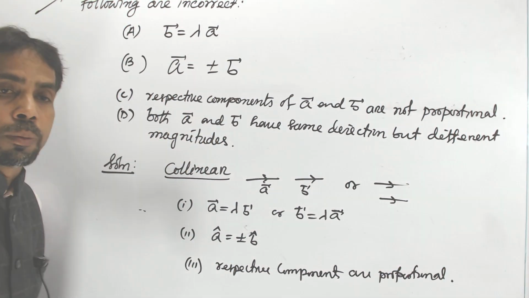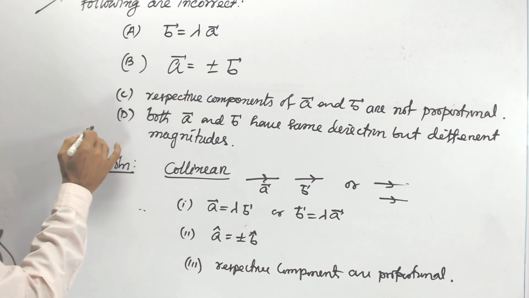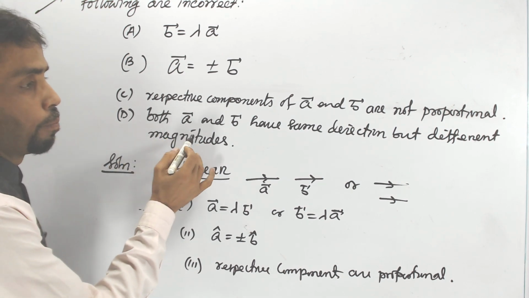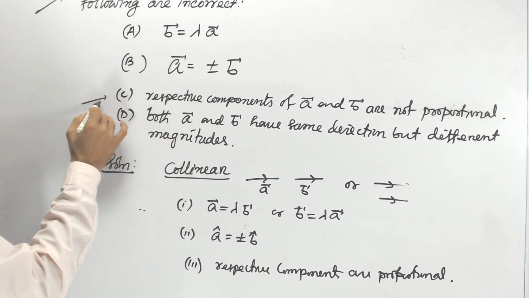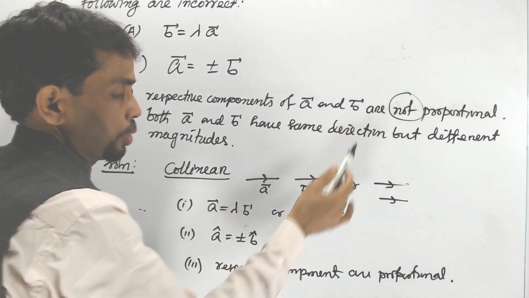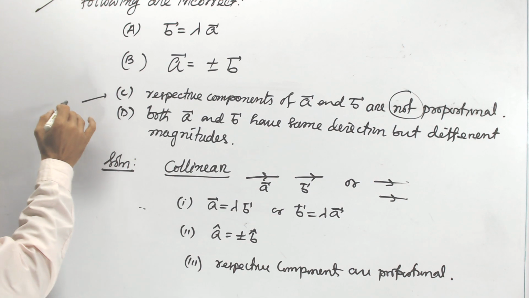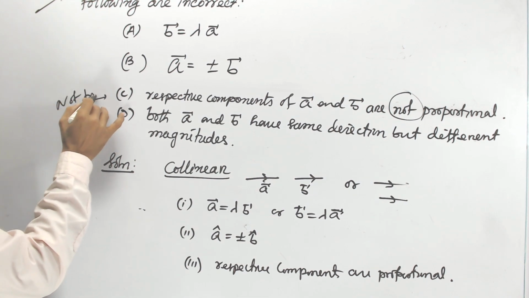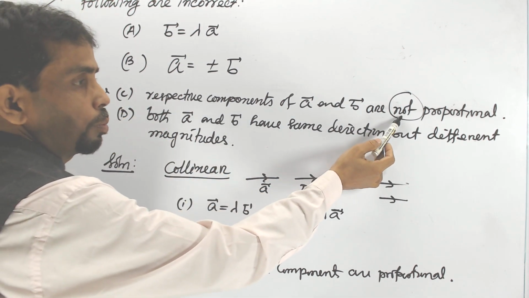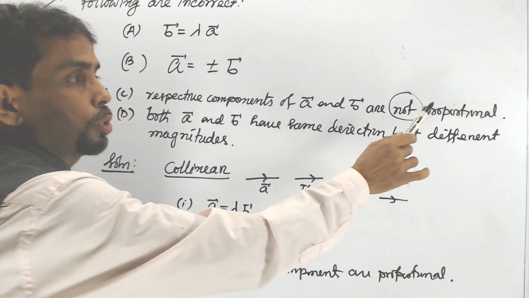In option C it is given that respective components are not proportional, but for collinear vectors respective components must be proportional. Since it is written not proportional, it is not true. If it is proportional, it will be true.